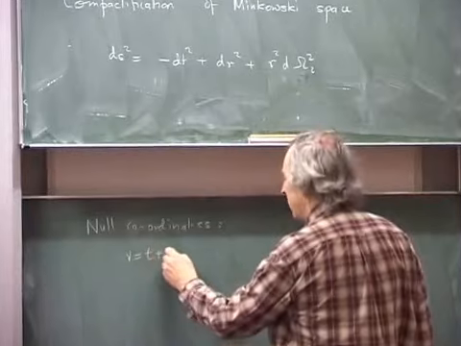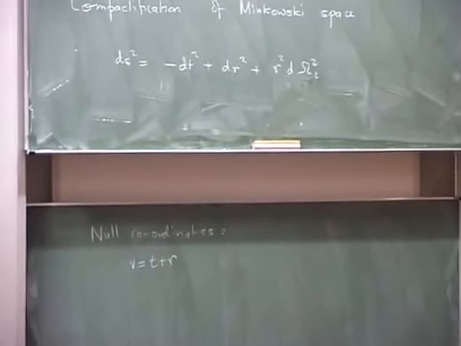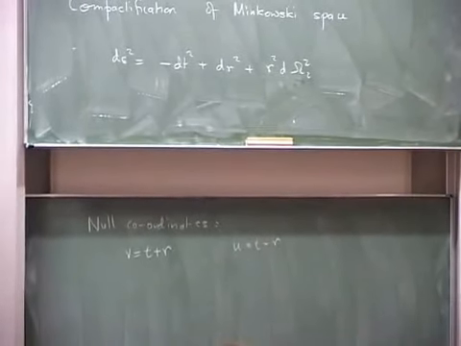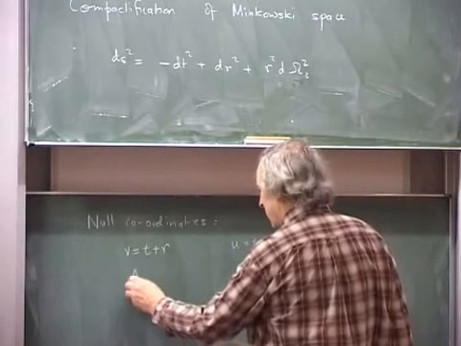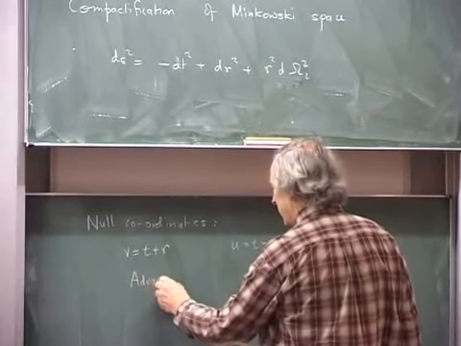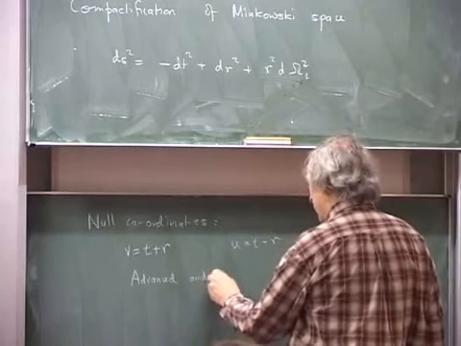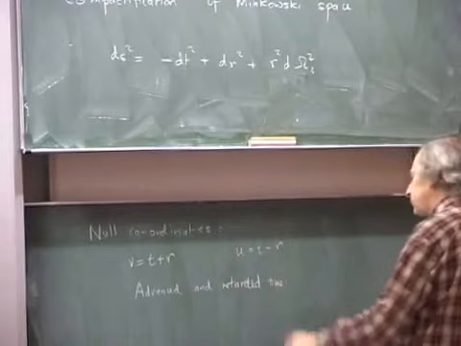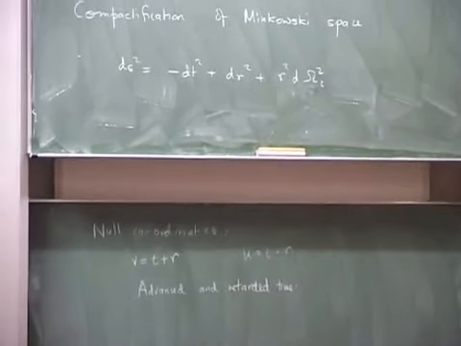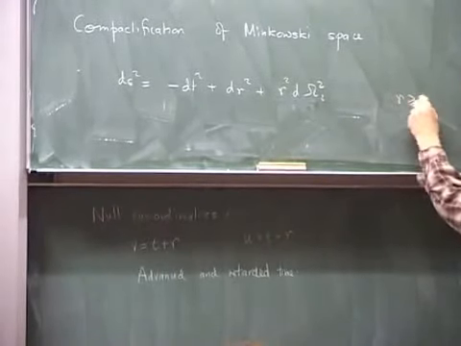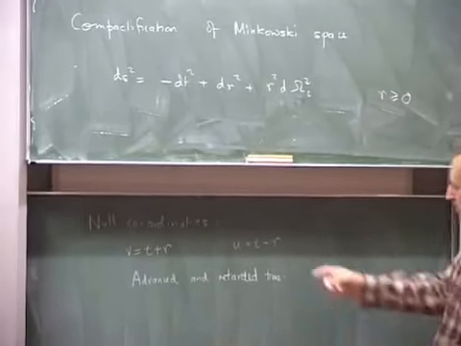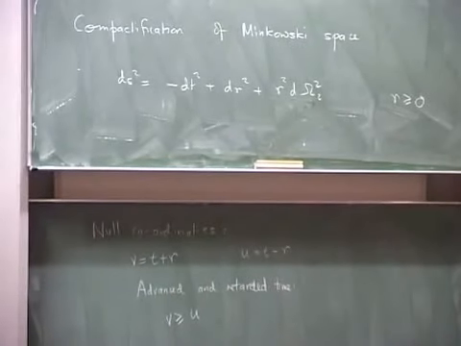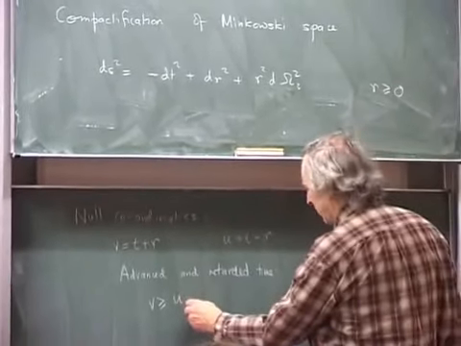You define V, that's t plus r, and U is equal to t minus r, an advanced and retarded time coordinate respectively. Notice that in this expression, r is always greater than or equal to 0, and a consequence of that is that V is always greater than or equal to U. Otherwise, they run from minus infinity to plus infinity.